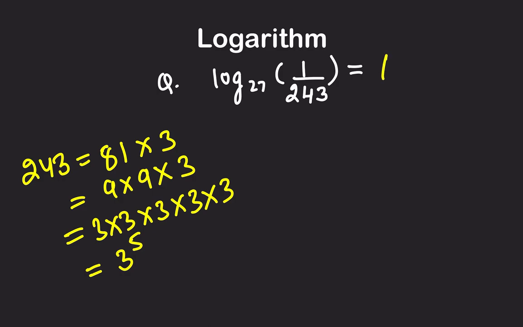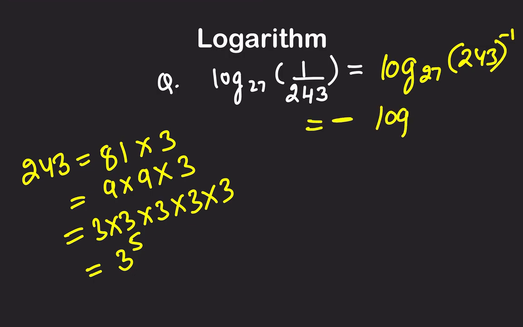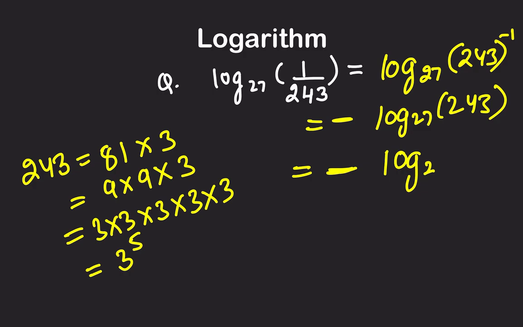So first thing I am going to do is log of 1 by 243 base 27, where 1 by 243 is 243 raised to power minus 1, or I could write it as minus of log of 243 base 27. Right? Now, since I know that I cannot make 243 with 27 raised to power something, what I need to do is write it like this: log of 243 divided by log of 27.